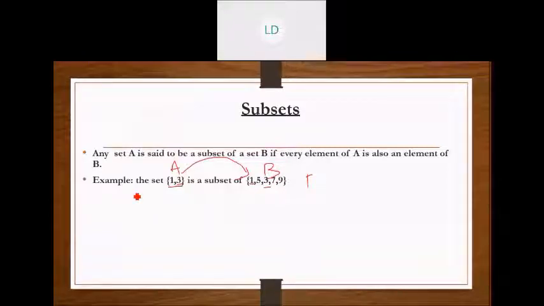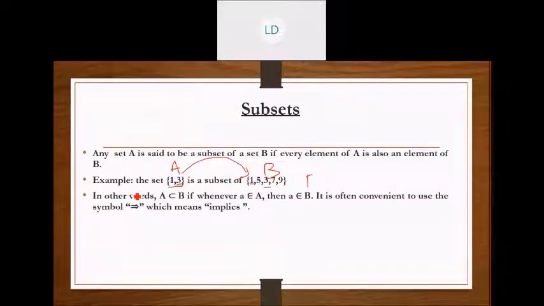So I hope you understood how we get a subset. A subset is a smaller part of a bigger set. In other words, now we use a notation. You have already seen the belongs to symbol, which we use for elements to say that an element belongs to a set.